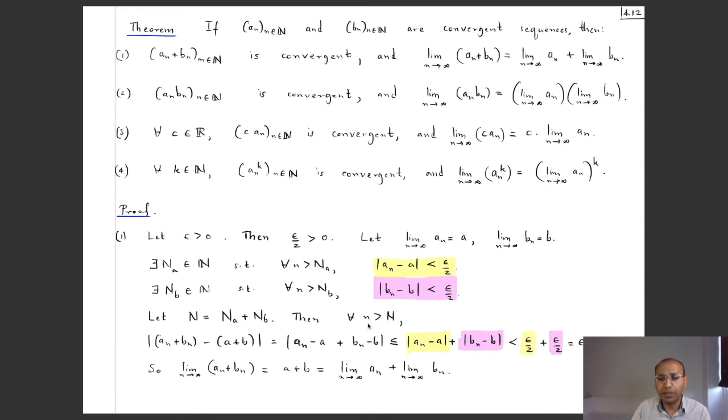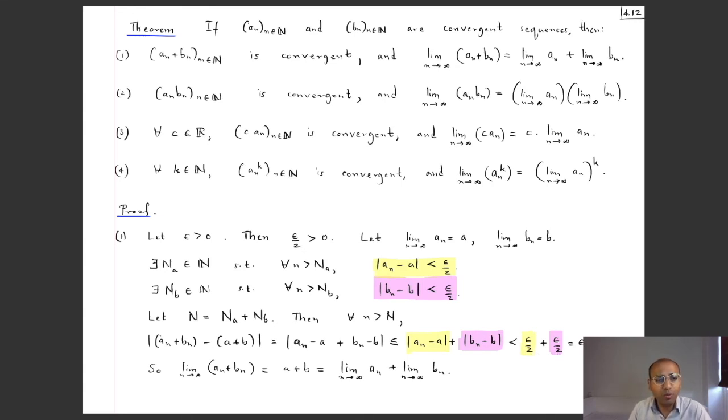But as we had just mentioned, when n is bigger than this capital N, it's bigger than na, so this yellow thing is less than epsilon by 2, and likewise n is also bigger than nb, so this pink thing is true, so that this is less than epsilon by 2 too. Their sum is less than epsilon by 2 plus epsilon by 2, which is equal to epsilon.